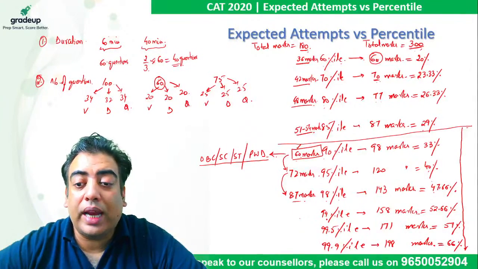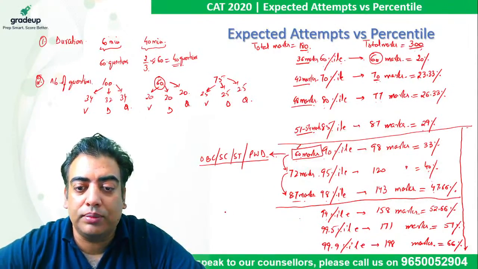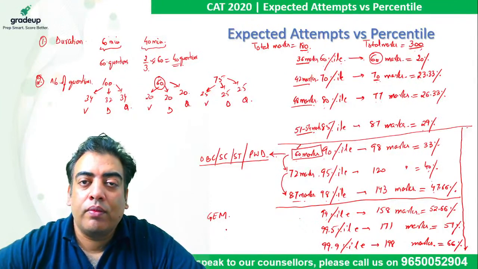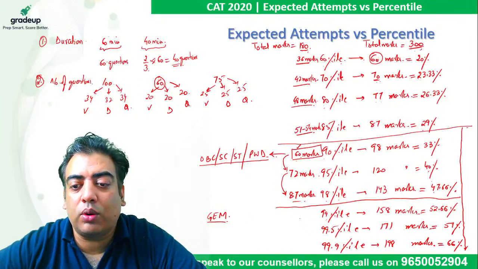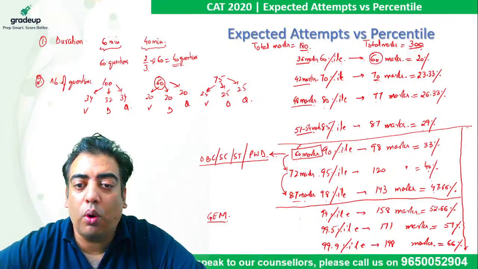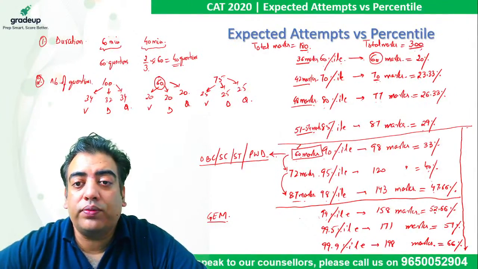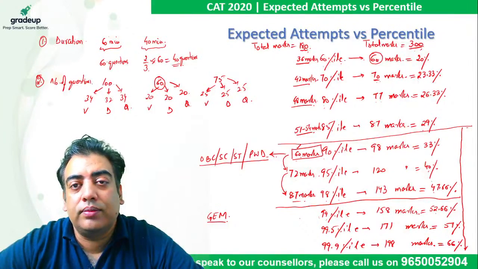So when it comes to 99 percentile, which is the benchmark required for all GEMs, general engineer males, right? For all GEMs, we are required 99 plus percentile, also clearing cutoff of all the sections, all right? And to get 99 percentile, we are required around 53% marks, right?